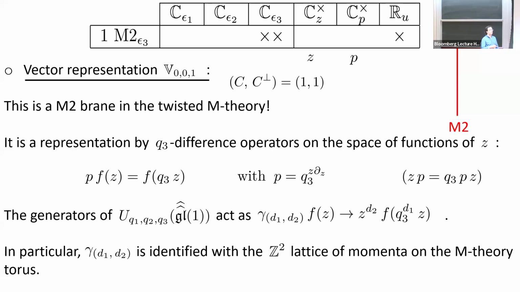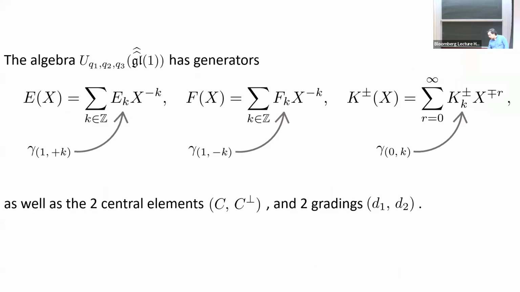But what's the difference between E, F, and K? The grading for E, F, and K was as follows. If I act with E on a function of Z, I will produce something that's not the same as if I act with F or K. I'm not understanding the notation.